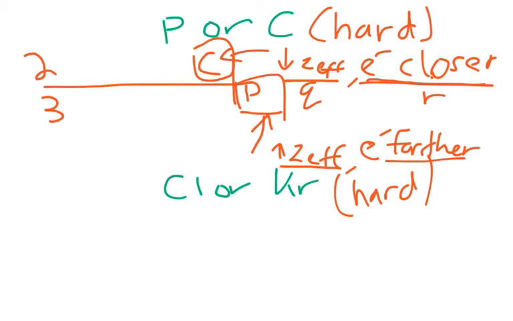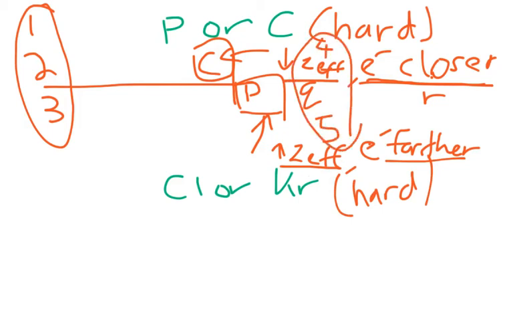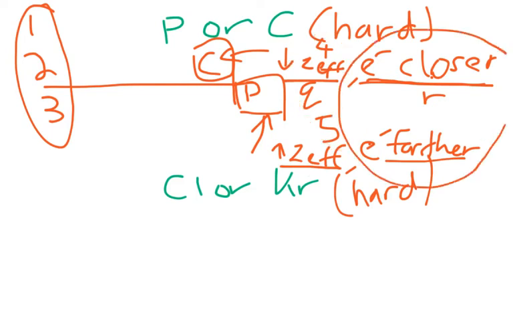Generally, when you're comparing periods 1, 2, and 3, the closeness of the electron triumphs over Zeff, especially when they're so close and match, since phosphorus has a Zeff of 5 while carbon has a Zeff of 4, and if these numbers are close, then you essentially just don't worry about them, and you worry more about whether the electron's closer or farther.